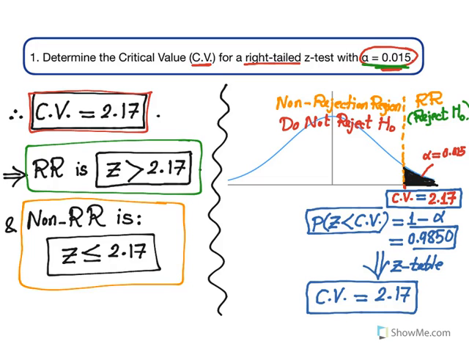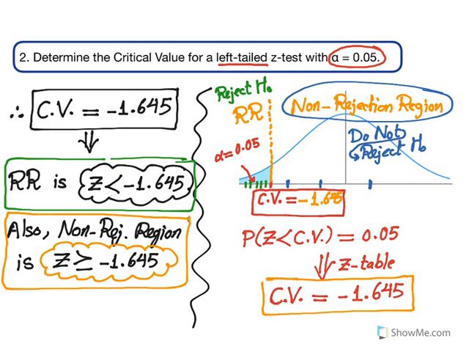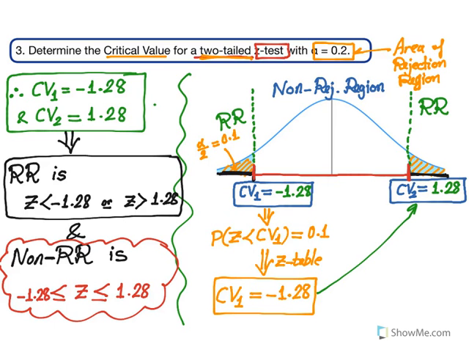I hope that you understand the difference between the rejection region and the non-rejection region in each of the three cases, because the three cases are different: right-tailed, left-tailed, and this one two-tailed. So this will end this question.